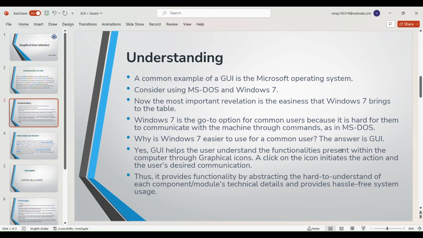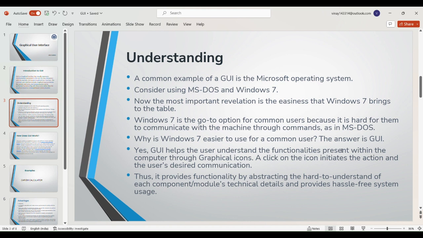Now, the most important revelation is the essence that Windows 7 brings to the table. Windows 7 is the go-to option for the common user because it is hard for them to communicate with the machine through commands, as in MS-DOS.